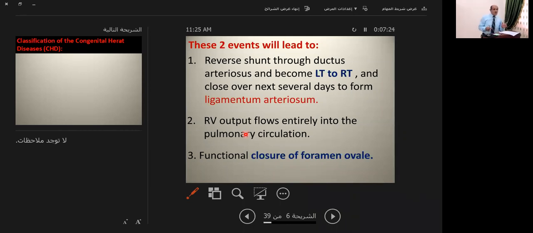The blood will not cross from right to left. But the foramen ovale remains probe patent into adult life. It is not closed anatomically like the ductus arteriosus, which forms the ligamentum arteriosum.